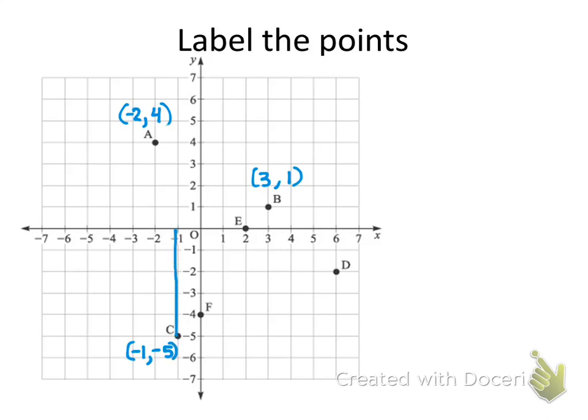If you look right here and right here. The most common mistake people make whenever they're labeling ordered pairs is they forget and they do y then x. Remember, you always need to do x then y. Okay, D. D is going to be at 6, -2.